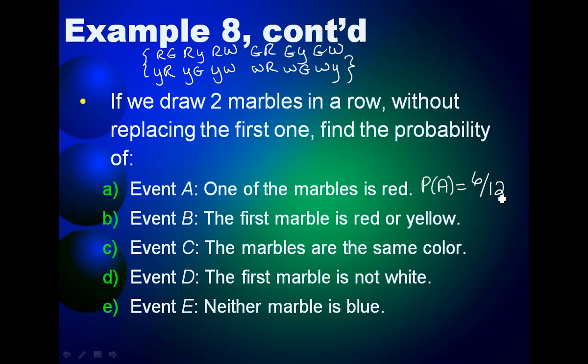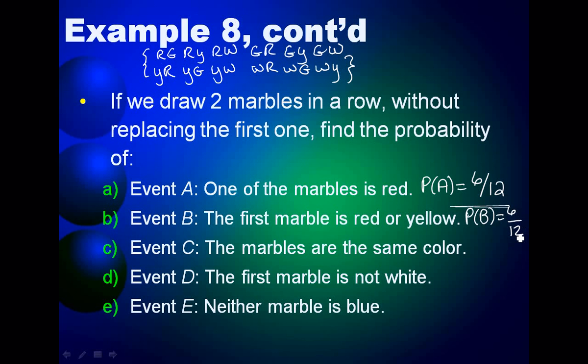The first marble is red or yellow. So again, the probability of B is also 6 over 12. The marbles are the same color. Well, that's not possible because we did not replace the marbles. So the probability of C is 0 over 12, which is still 0.